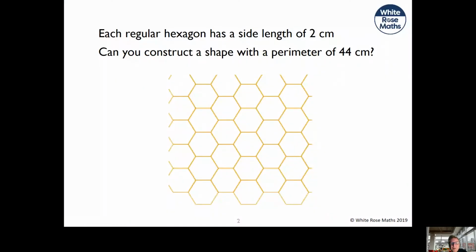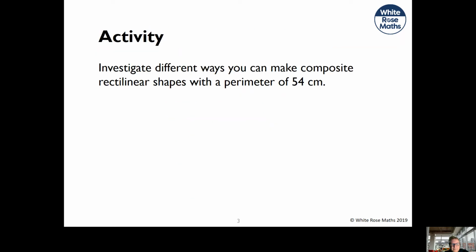Because there are quite a few and they're choices, I'm just going to run through them. Each regular hexagon has a side length of 2 centimeters. Can you construct a shape with a perimeter of 44 centimeters? Investigate different ways you can make composite rectilinear shapes with a perimeter of 54 centimeters.